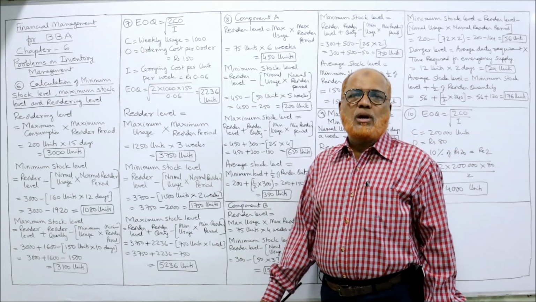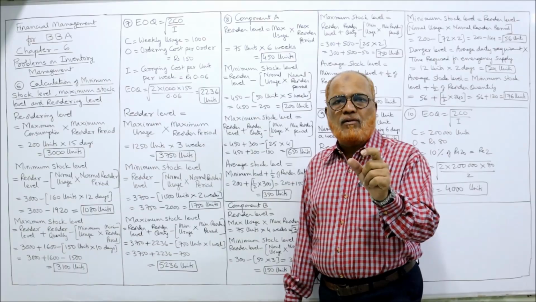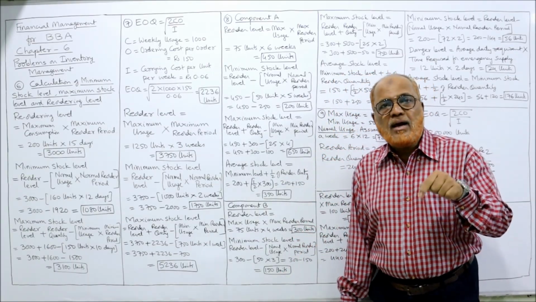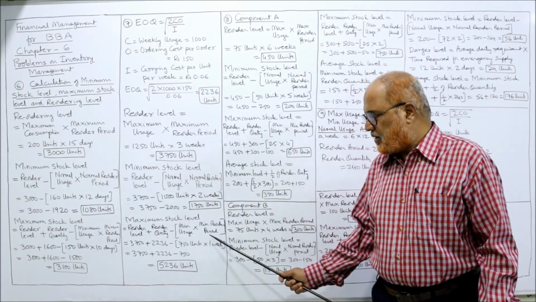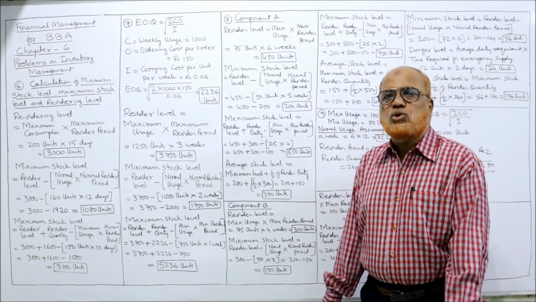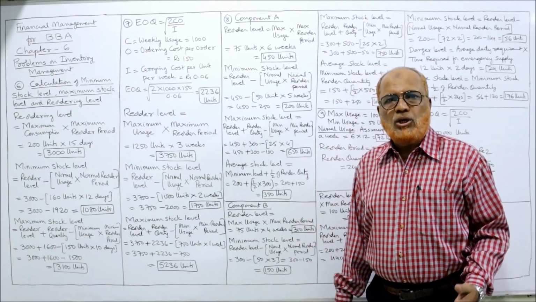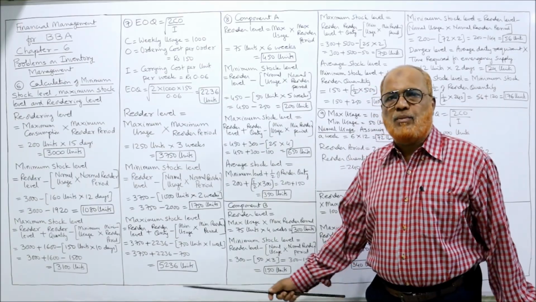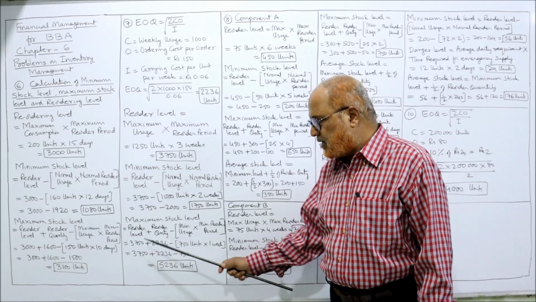Now maximum stock level, the formula is reordering level plus reordering quantity minus minimum usage into minimum reorder period. Hope by watching these two problems, you can remember the formulas for EOQ, then reordering level, minimum level and maximum level. Now substitute reorder level 3750, already calculated.